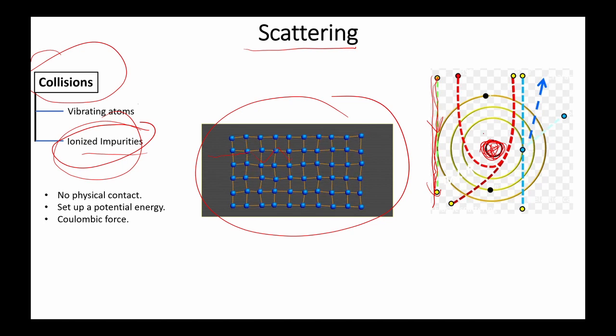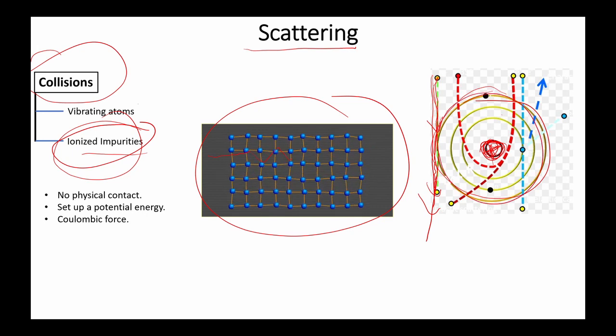But if it is not in the vicinity of this charge, it will pass through, there won't be any effect. But what will happen if it is in the vicinity? We can say it is the capture cross section, which we will come across in this lecture.